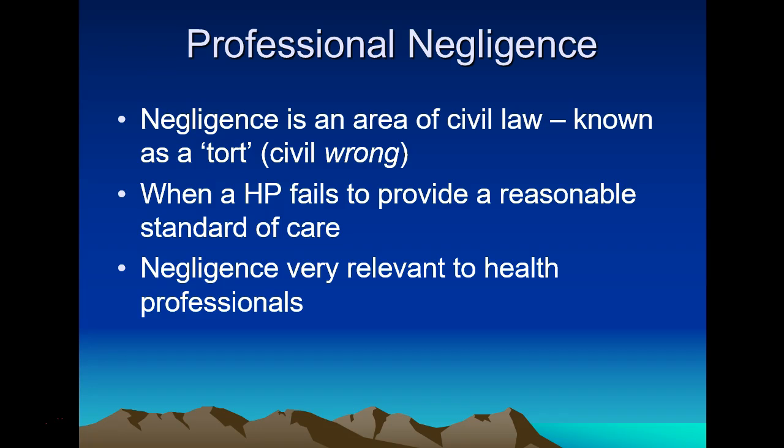That's a big one. Failure to detect the deteriorating patient. So many of the cases that we look at throughout the session will have either one or a combination of a lot of those things, all right? Certainly very, very relevant to health professionals.